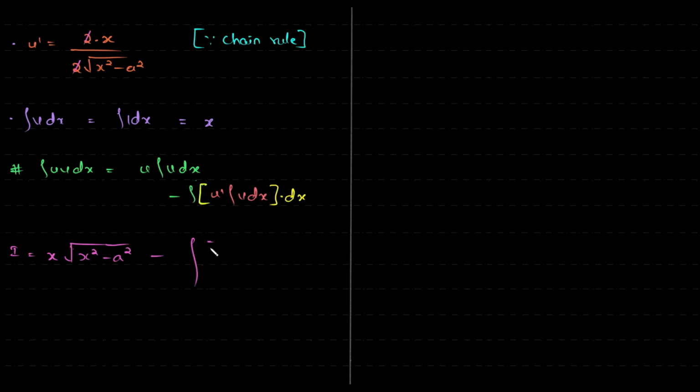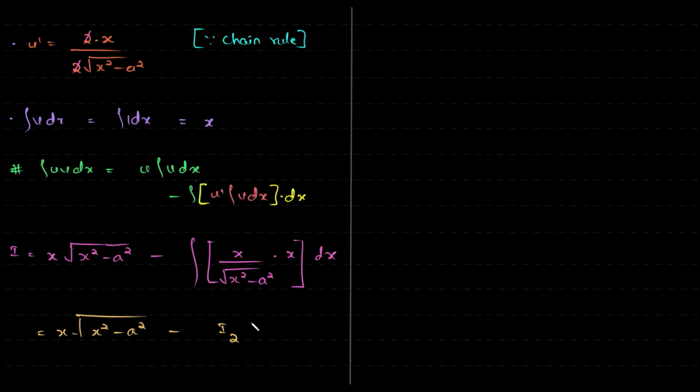Now I'll open the brackets. u prime is x by root of x square minus a square, and integration of this is x, closing the brackets, dx. Now we have x square root of x square minus a square minus, I'll call this I2. So it's safe to take it aside and do it.